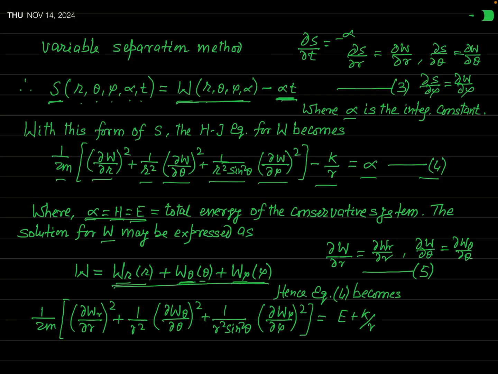So this H equation can now be written as 1 over 2m [(del W_R by del R) squared plus 1 over R squared (del W theta by del theta) squared plus 1 over R squared sin squared theta (del W phi by del phi) squared], and that will be equal to alpha plus k by R. But you have seen that alpha is simply the total energy of the conservative system, so instead of alpha, we have written E here. So this is your Hamilton-Jacobi equation.